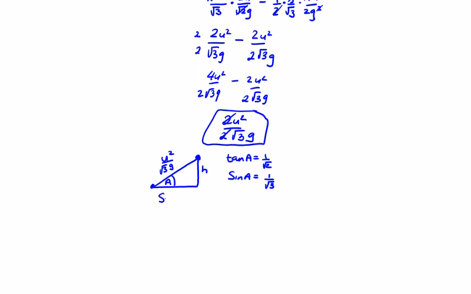So we would say sine A is equal to h over u squared over root 3g. So the sine of A, which is 1 over root 3, times u squared over root 3g will be equal to the height that it's reached above the horizontal. So that's going to be u squared over 3g being the height.